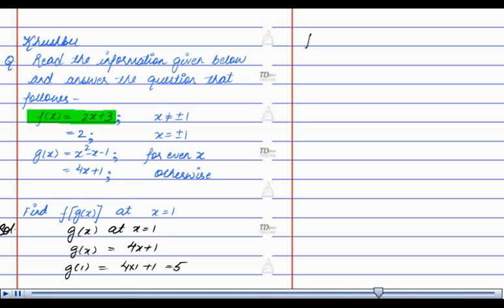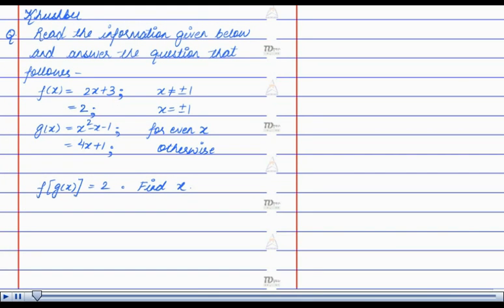So f(5) will be 2 into 5 plus 3, that is 13. Therefore, f(g(1)) comes out to be 13, which is the required solution. Thank you.